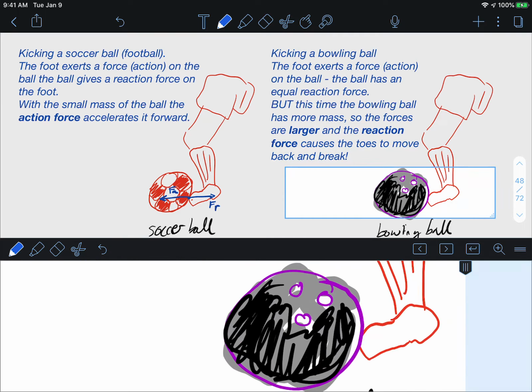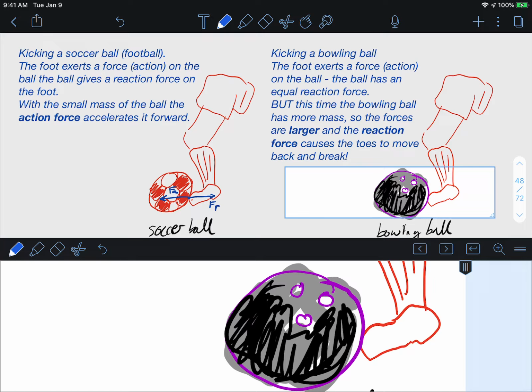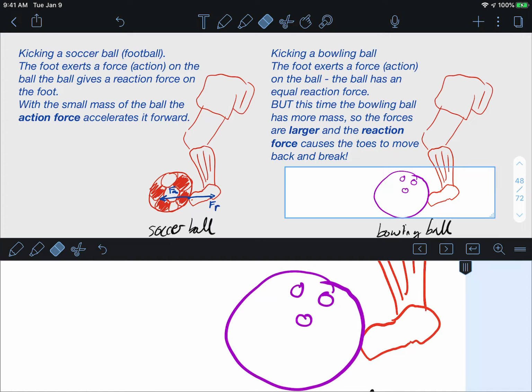Now, kicking a bowling ball, on the other hand, is a case where you'll have to be very careful, because the bowling ball is much more massive than the soccer ball. So you can exert a lot of force on this bowling ball, and it might still not accelerate very much. To make it move, you're going to have to kick it very hard.